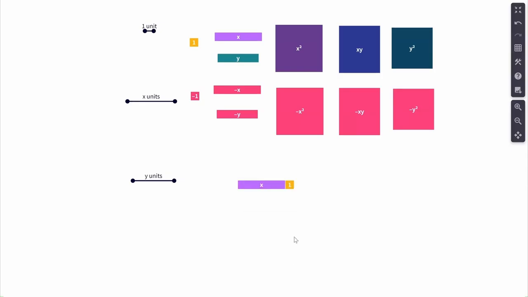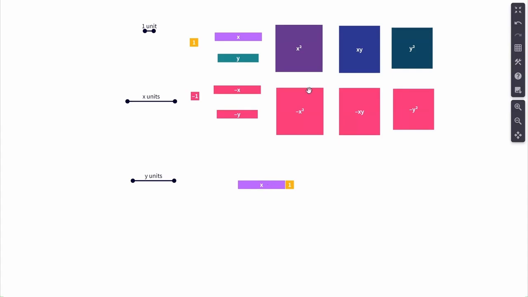And in fact, in this case, now we have one big bar that's X plus 1 long and 1 tall. So 1 times X plus 1 makes X plus 1. And we're going to build that up into multiplication.